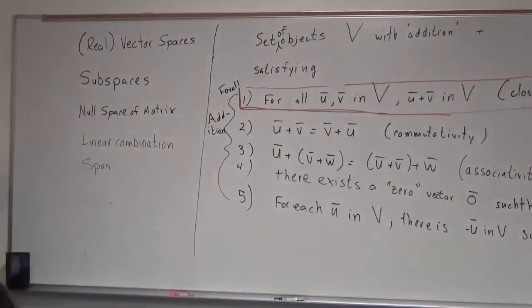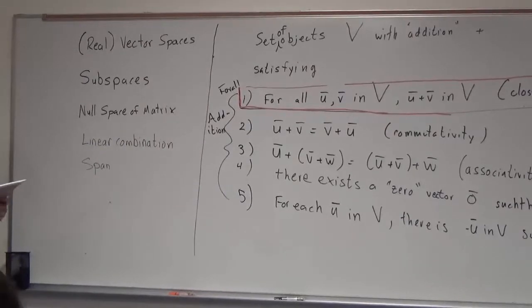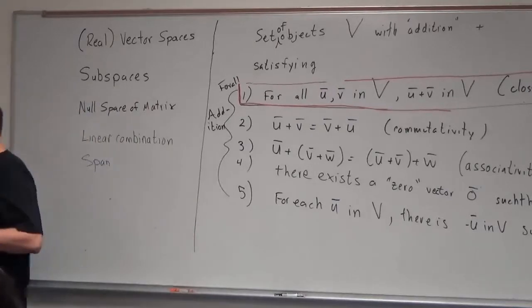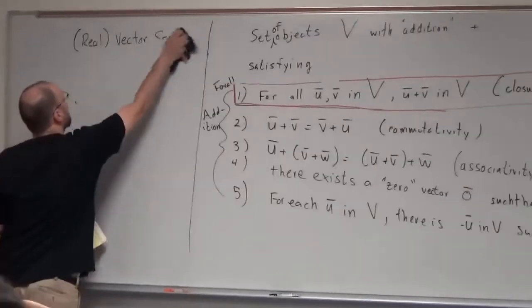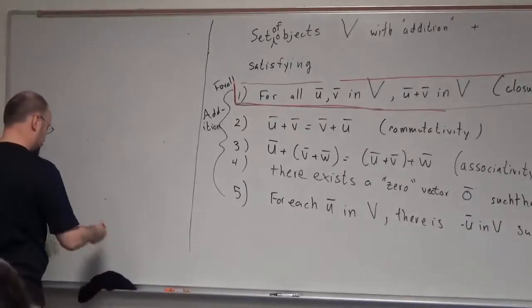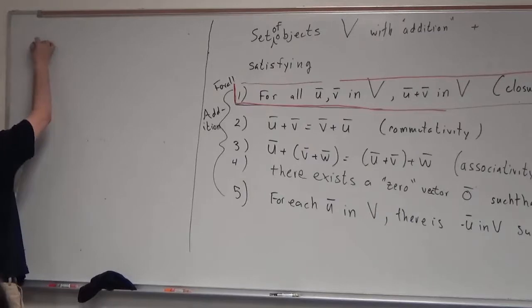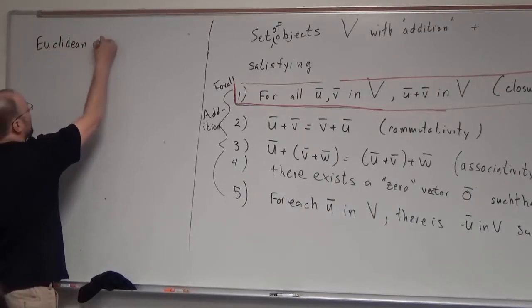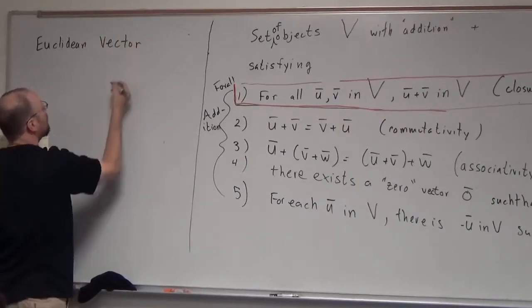So let's start looking at examples. The first basic example is just Euclidean vector space. It's going to be denoted by Rn.